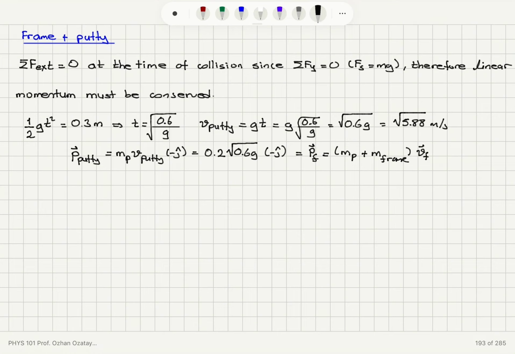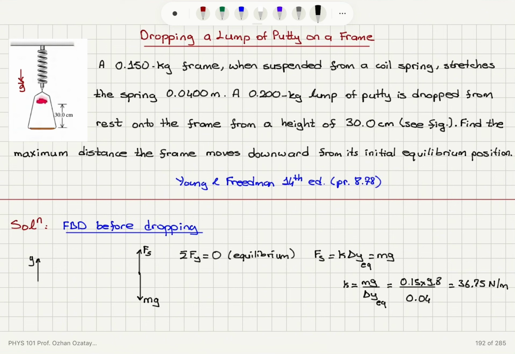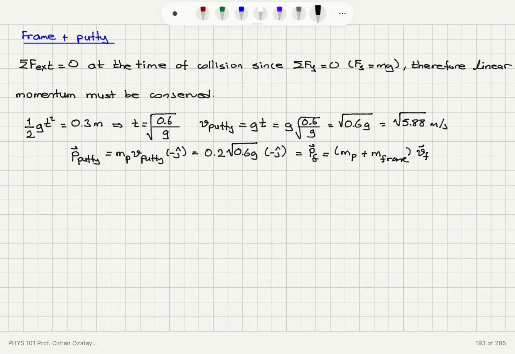Okay, so let me call this mass of the frame mf here just to be consistent, and mass of the putty, let's call it mp. So this becomes mp plus mf times the final velocity of the system.